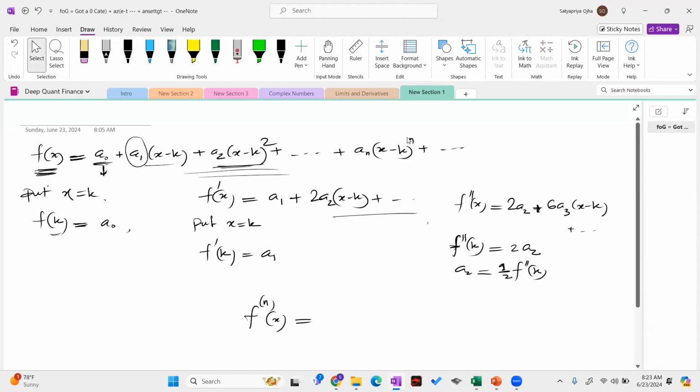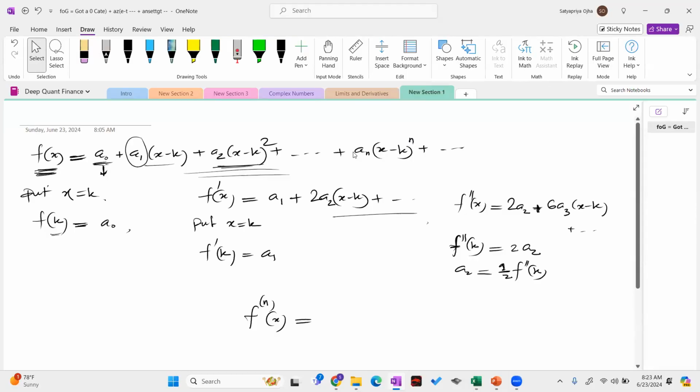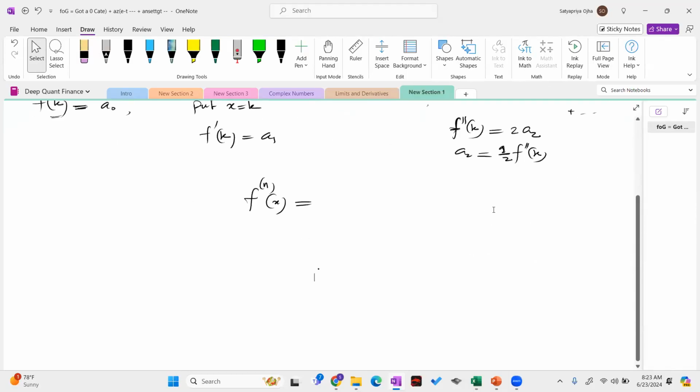So in the nth differentiation, what will happen to this guy? Let's see. So you understand this particular recurrence relationship. This is my original term before any differentiation.